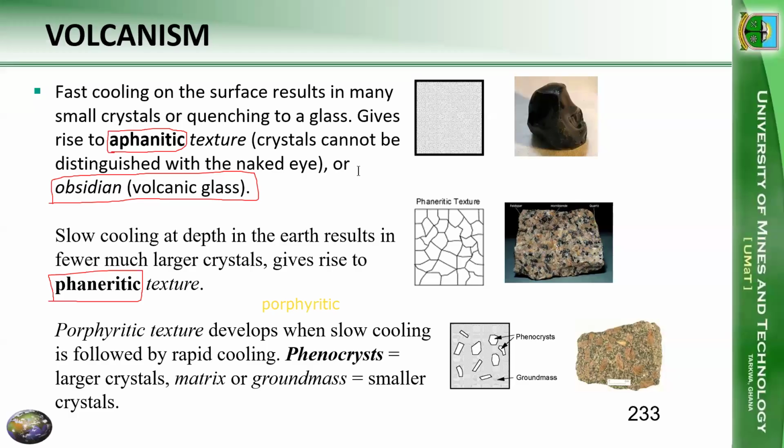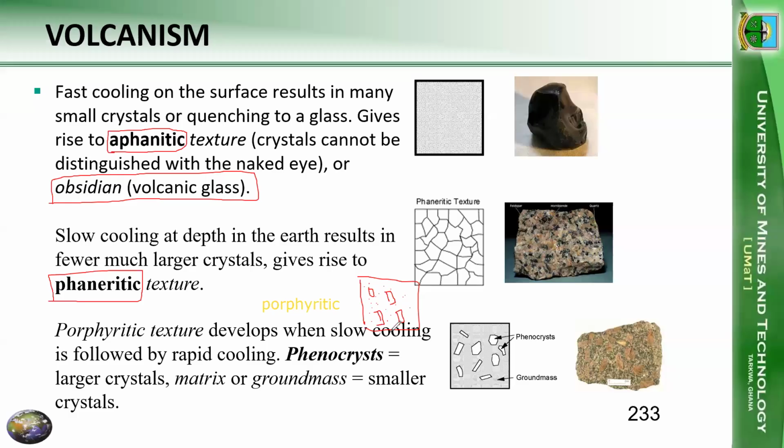So in a porphyritic texture, during the slow cooling phase, we are going to have the development of large crystals. And then as the cooling conditions change and the cooling rate becomes fast, we are now going to have this type of texture.